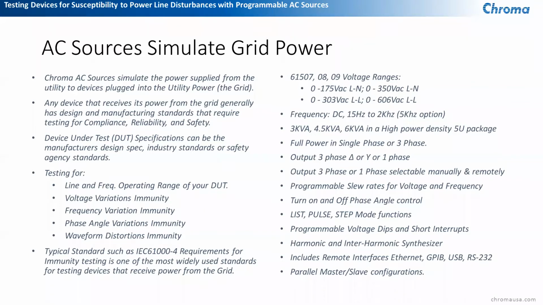With a lot of our competitors, if it's a three-phase unit and you're operating only one phase, you'll only get one-third of the total power. We can operate as a Y, a delta, or single-phase output, and it also has programmable slew rates, voltage, frequency, and phase angle controls, and a lot of other features that we're going to get into in just a moment.